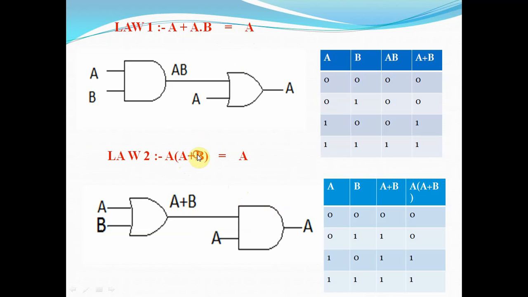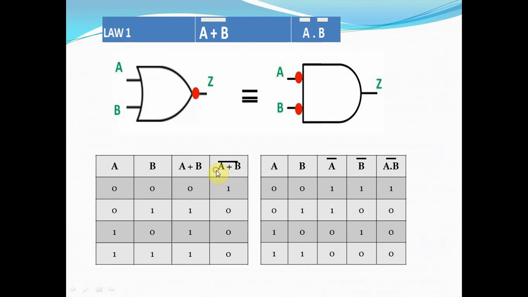These are the laws. Next, De Morgan's theorem. De Morgan's theorem again has two laws. The first law: the complement of A plus B, that is a ring complement, is equal to the individual complement of each and every variable, A complement into B complement. This is called the first De Morgan's theorem.